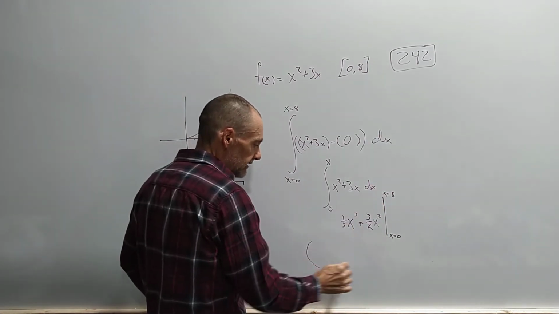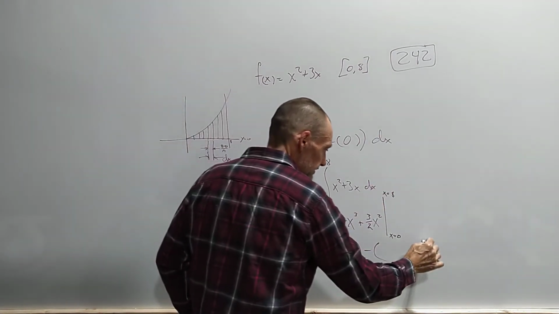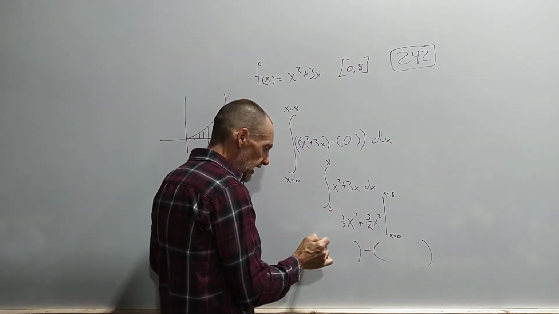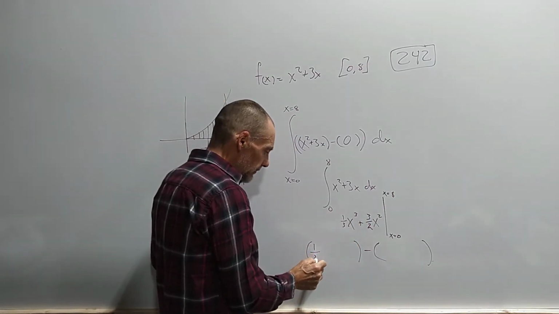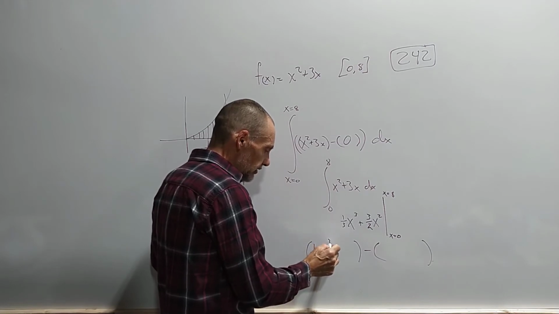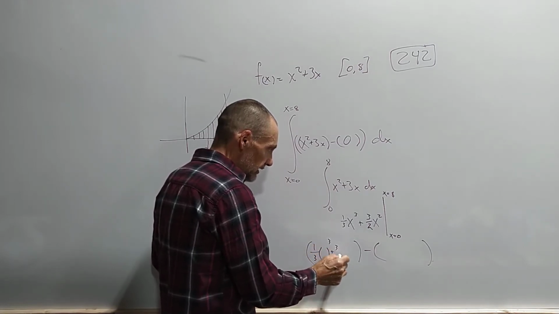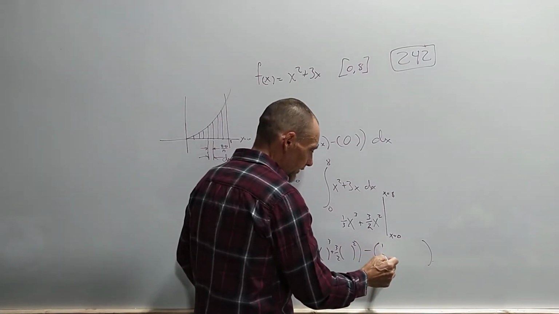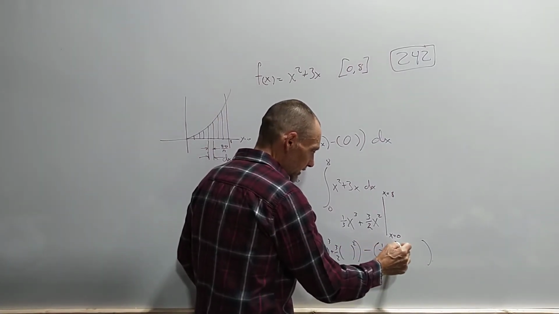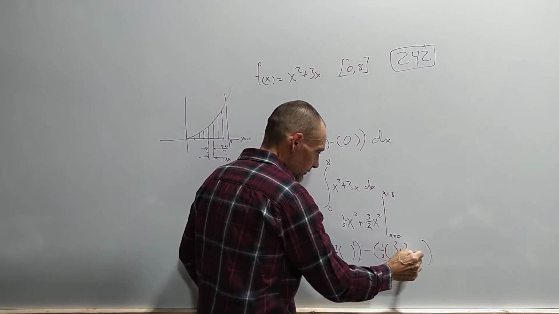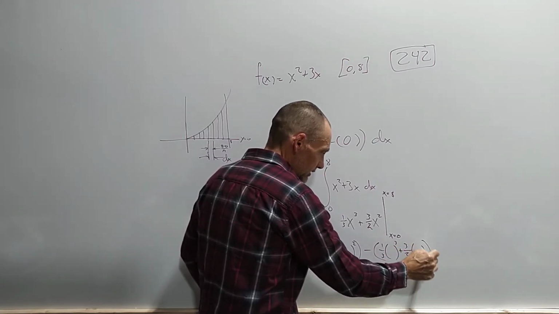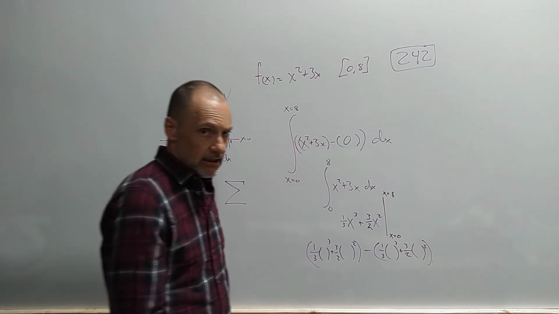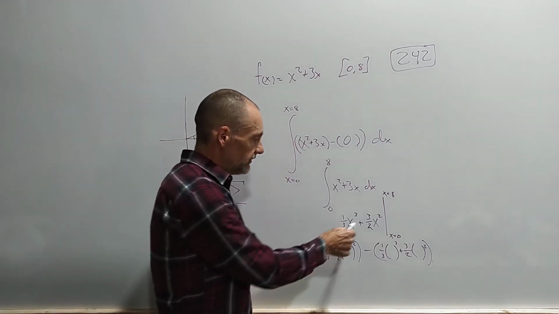We said that this means 2 parentheses with a minus sign in the middle. Take this function, copy it in here. Copy it perfectly: 1/3 x cubed plus 3 halves x squared. Now, I didn't put the x's. I said copy it perfectly, but you don't put the x's.